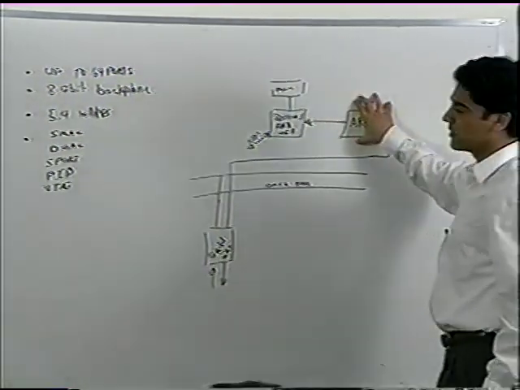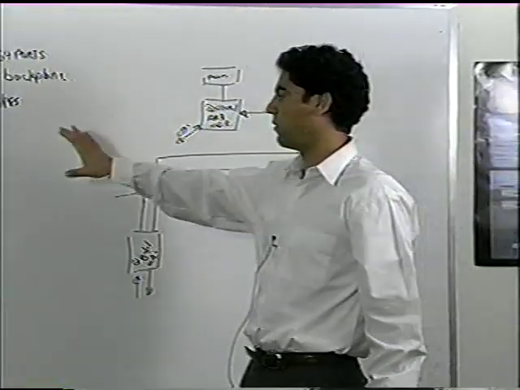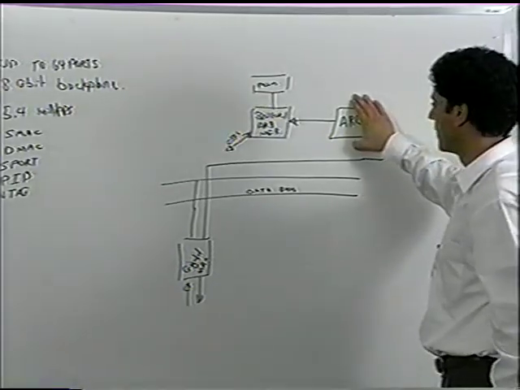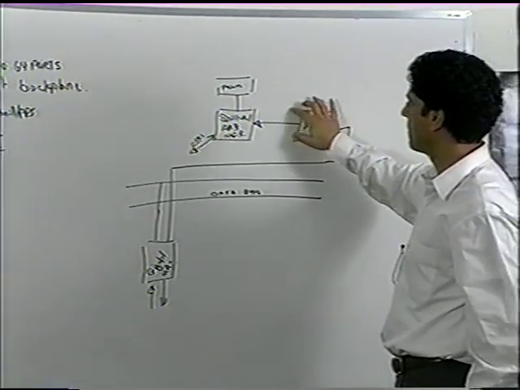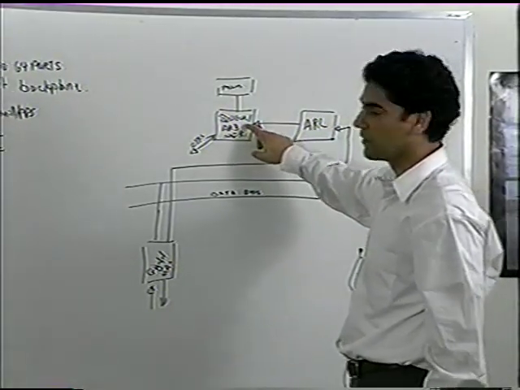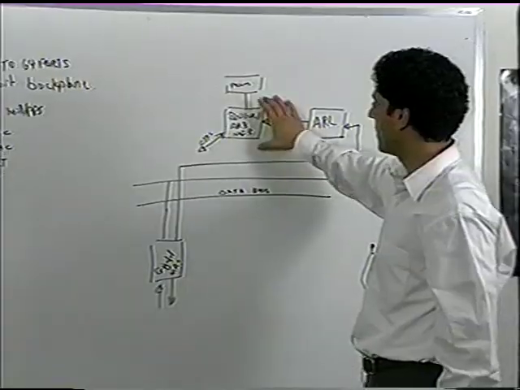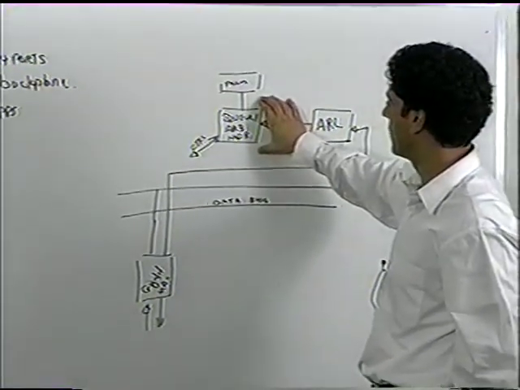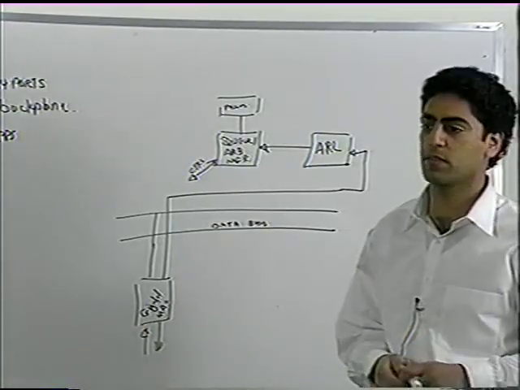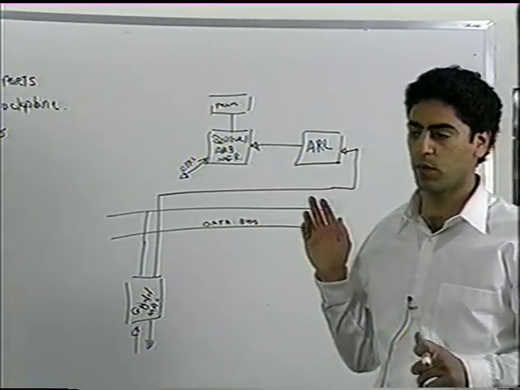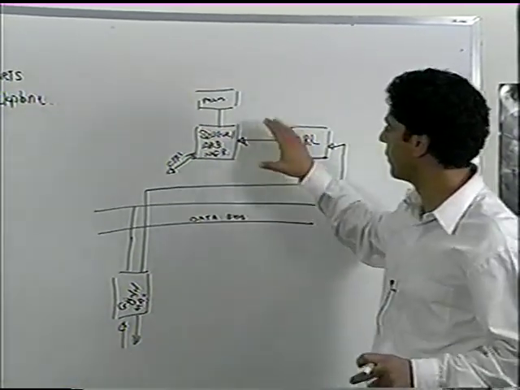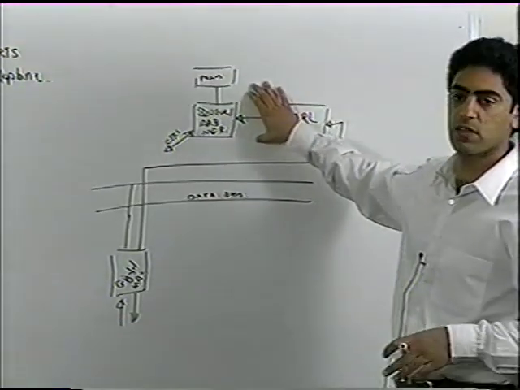So in here you can make a decision based on any of these, or combination or all of them, as to what to do with the frame. Once that's done, the information is passed on to the queue manager. Now the queue manager is basically like the traffic cop in the switch. It makes a decision as to what goes from where to where when it goes. And it actually knows about every single frame in the switch.